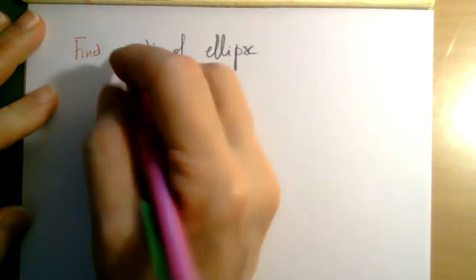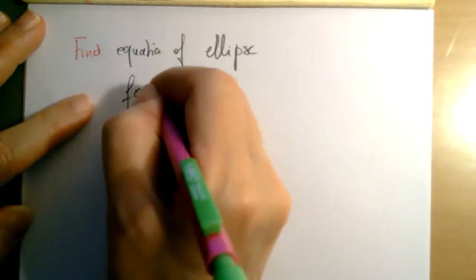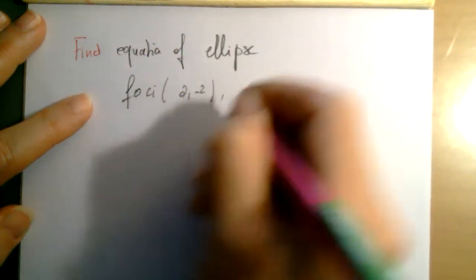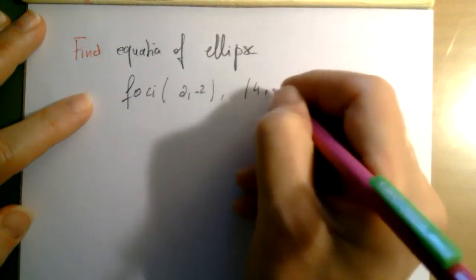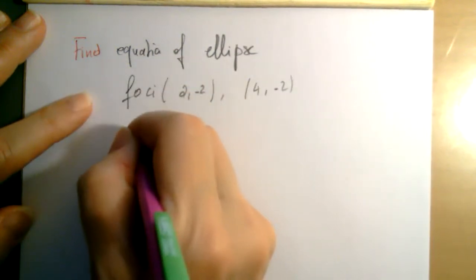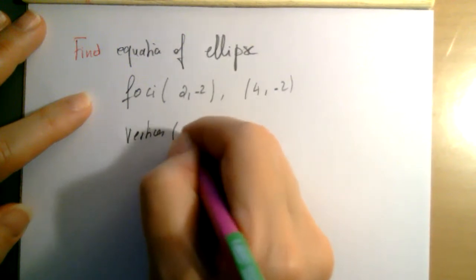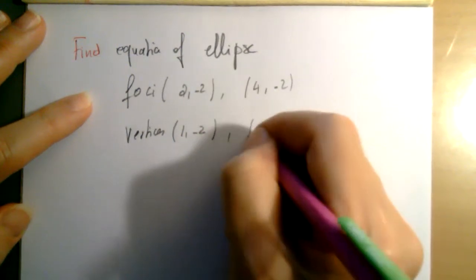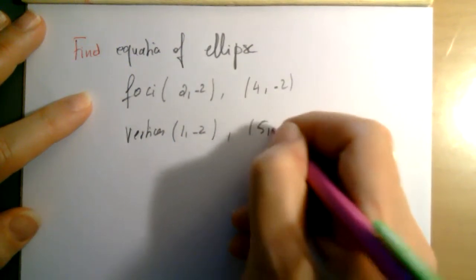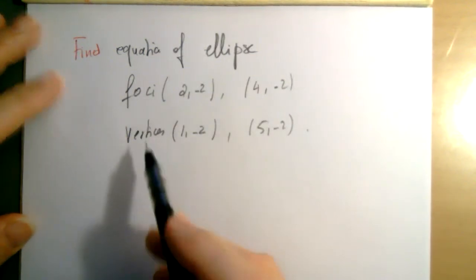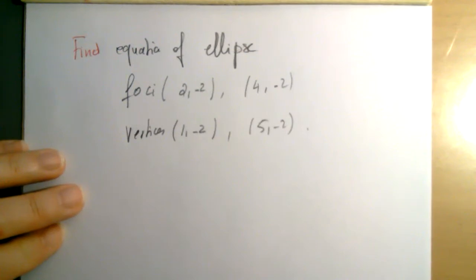I'm going to give you the foci and ask you to find the equation of the ellipse. We know that the foci are (2, -2) and (4, -2), and the vertices are (1, -2) and (5, -2). The question is: find the equation of the ellipse that has those foci and vertices.